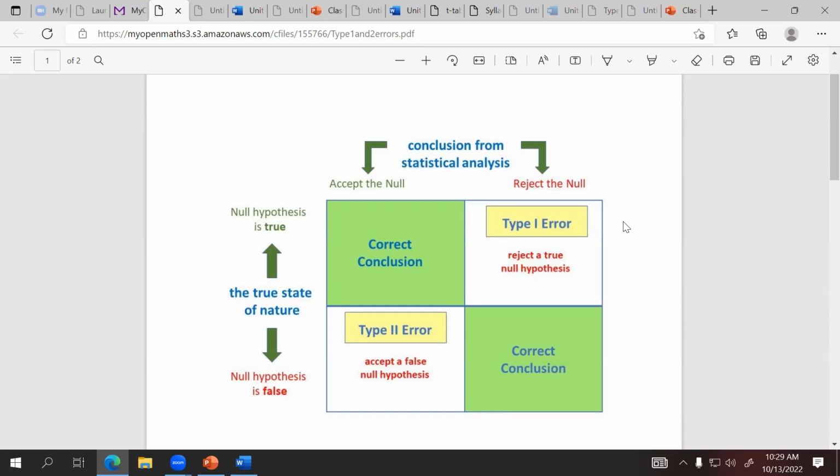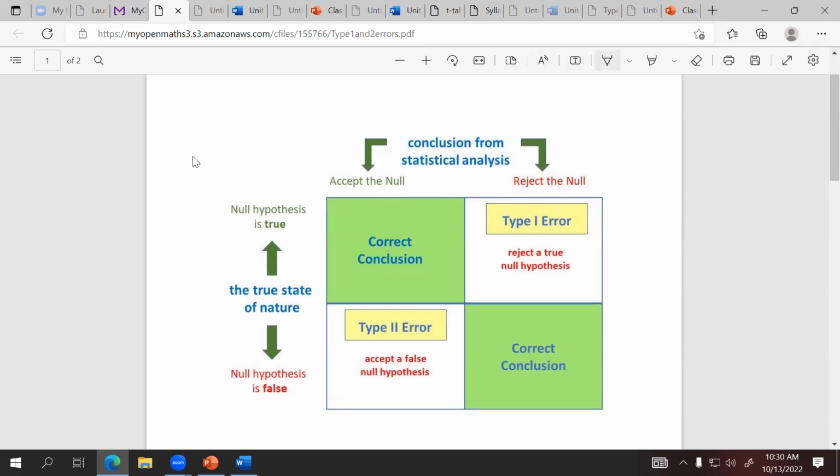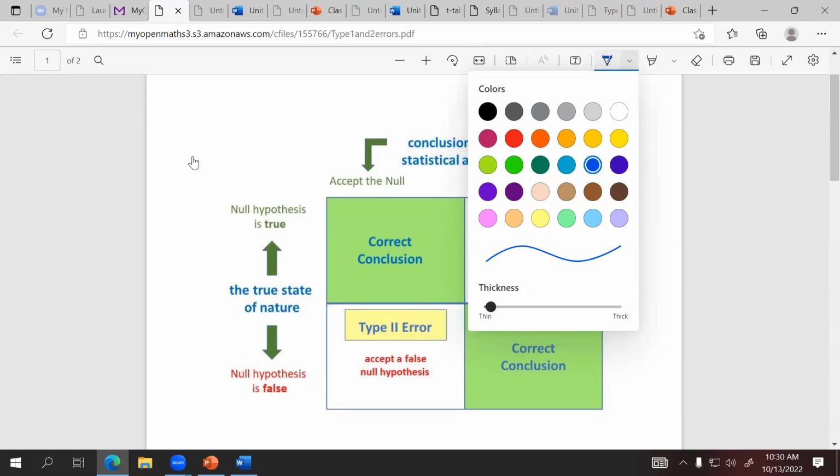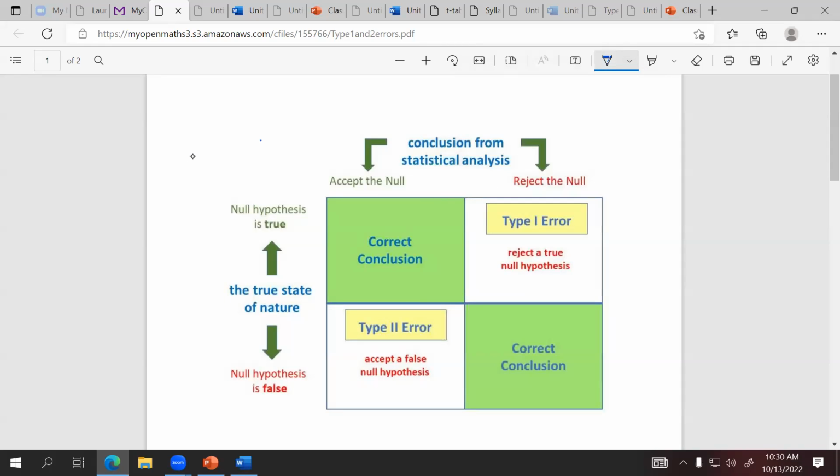Okay. So he's trying to use a diagram to illustrate all these scenarios, right? I hope it's making some sense. So just explaining a little more. This direction, I think red will be better. Okay, blue. This direction is focusing on the true nature of things, right?